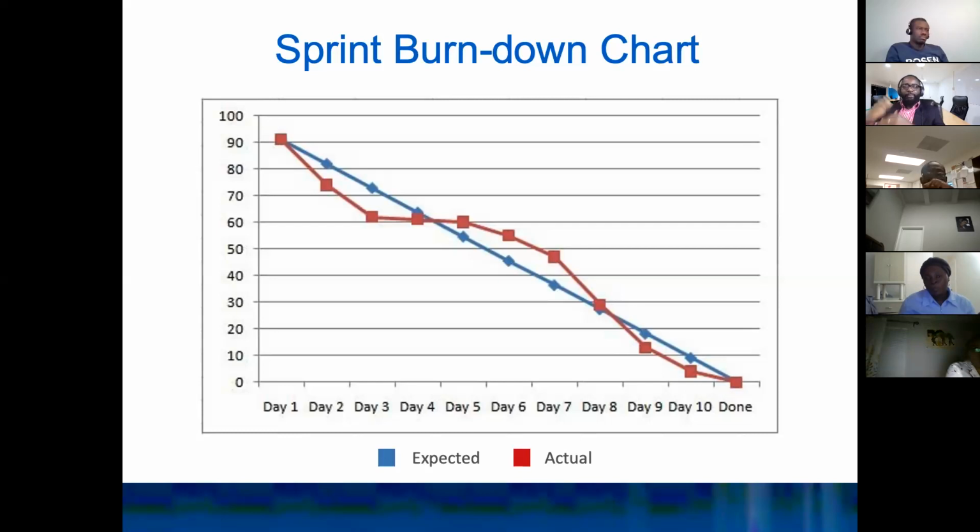Because you know how many points you want to complete in the sprint, and you know how many days you have in the sprint. If it's 2 weeks, so 2 weeks of 5 working days, that's 10 days, right? So initially, you only have that blue line, and after the first day, you have a second point plugged in here.